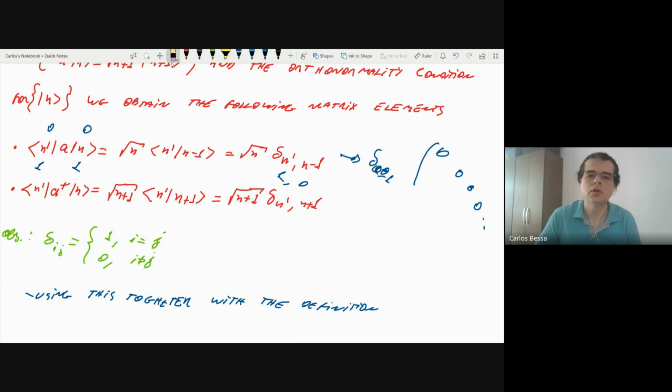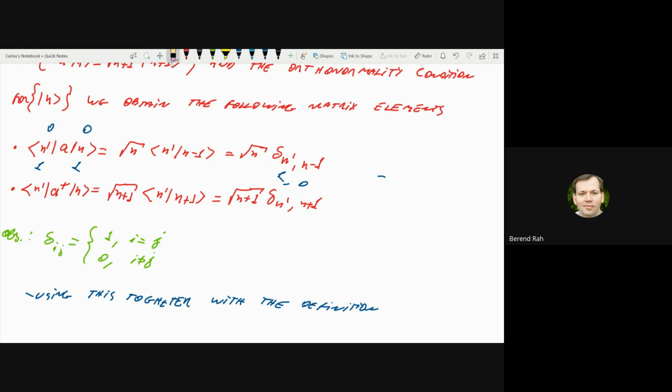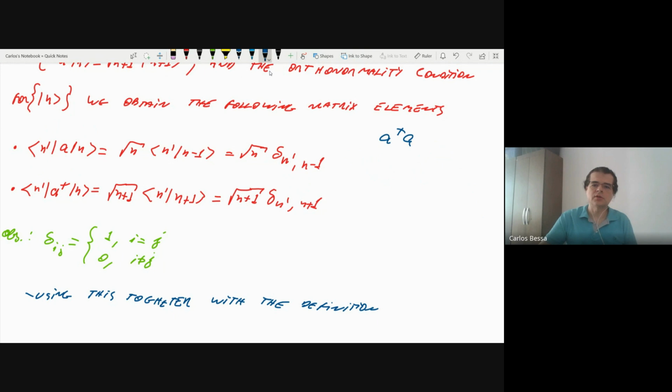Okay, Berend? Yeah, I'm still not sure, because normally the general definition is that i equals j means the identical entries are on the diagonal. But this guy is diagonal. If you do this, this will be n. When this is applied, it will be n minus 1 times a constant.